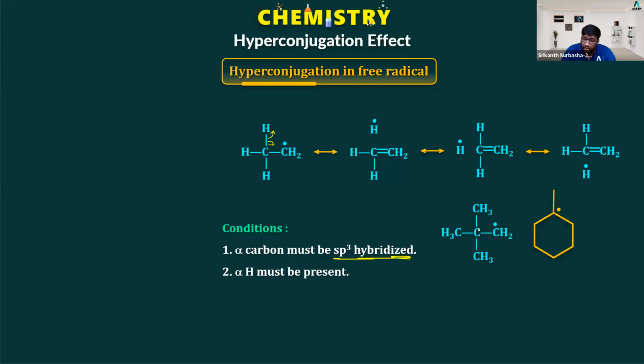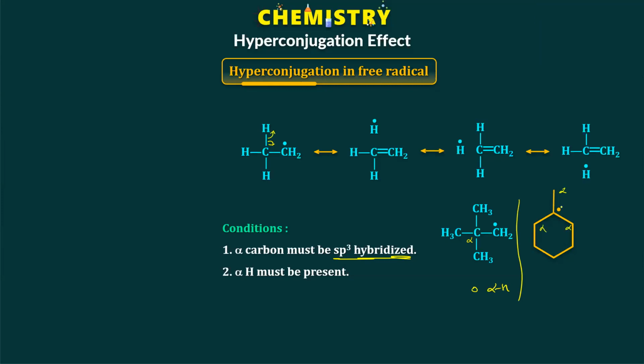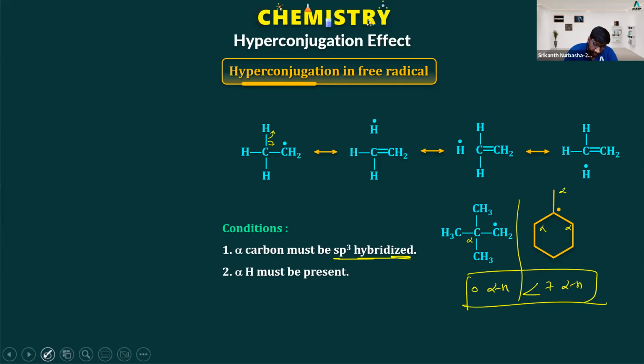CH2 dot is connected to a carbon which is not connected to any hydrogen, so 0 alpha hydrogens. In the second one, 9 or 0? 0, right? Because the alpha carbon does not have any hydrogens. In the second molecule there are 7 alpha hydrogens. So more number of alpha hydrogens, more will be the stability.